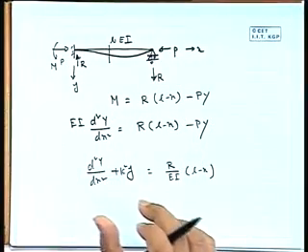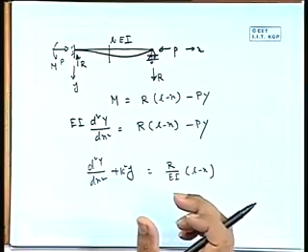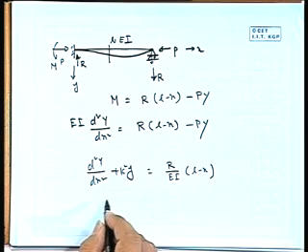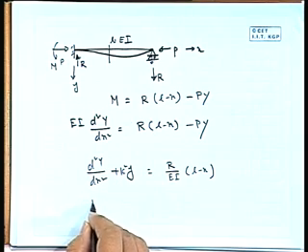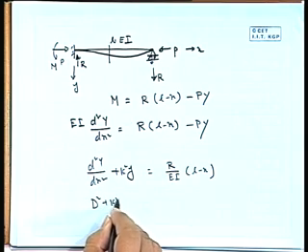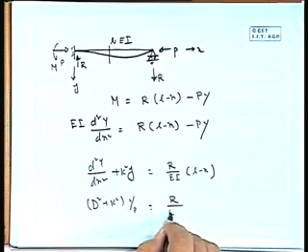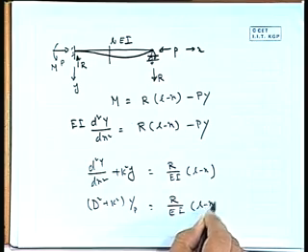So that will be simply a cos kx plus b sin kx. And for the right part, the particular integral, we have to determine. So we can calculate in this form. It is D square plus k square, again in the same form, y particular equals R by EI into L minus x.